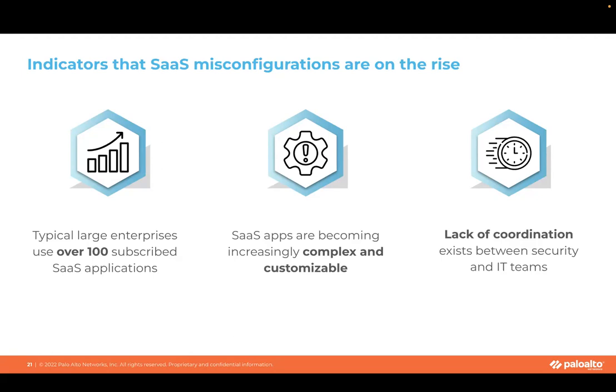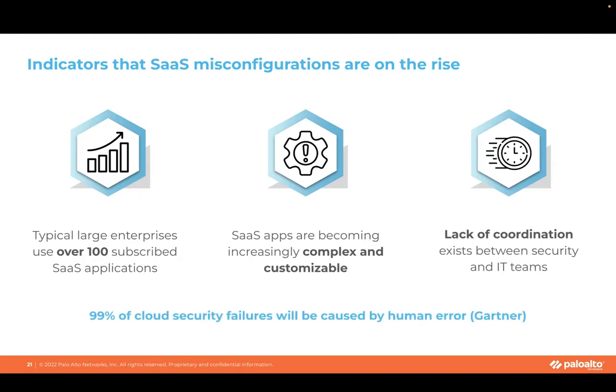And so the point is that they're becoming more and more complex, and there's really a lack of coordination. Think about an enterprise organization that's got multiple layers to it in terms of IT and security, a SOC. How do they control or even talk to each other to know which settings they turn on or off for said application? It's hard enough to get bounds around what the shadow IT is, let alone all the configurations for all of those specific applications.